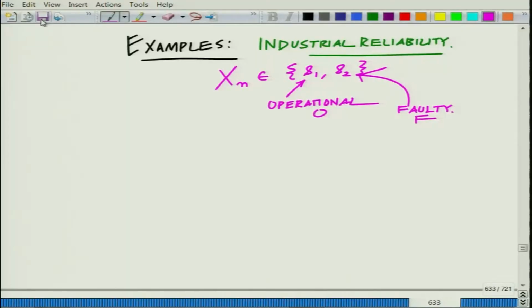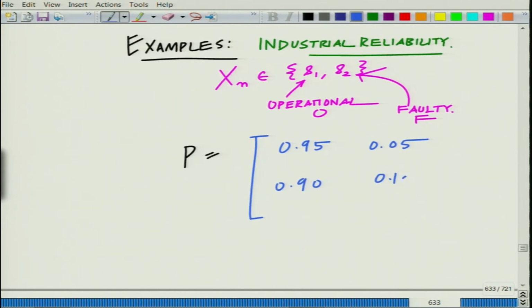Okay. So, now if you look at the one step, and we have looked at this example in detail, the one step transition probability matrix for this we have seen to be given as in our example 0.95, 0.05, 0.90, 0.10.